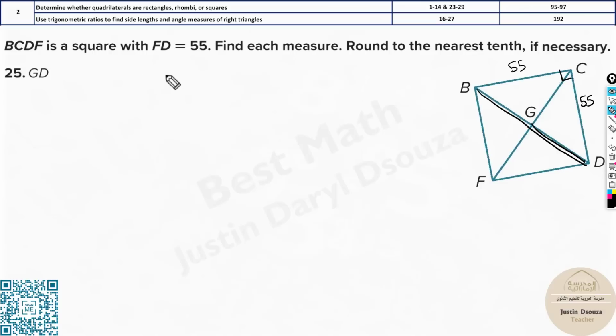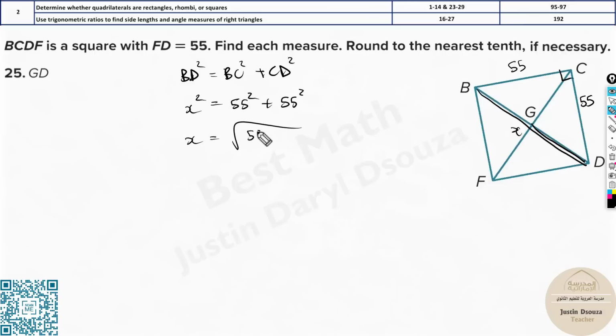So from Pythagoras theorem, I can easily find that BD squared will be equal to BC squared plus CD squared. Now BD is unknown, so I'll take it as X. Okay, X squared is equal to 55 squared plus 55 squared, or I can find X is equal to the square root of 55 squared plus 55 squared.